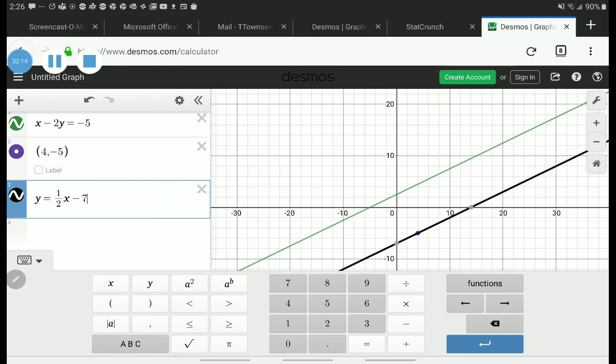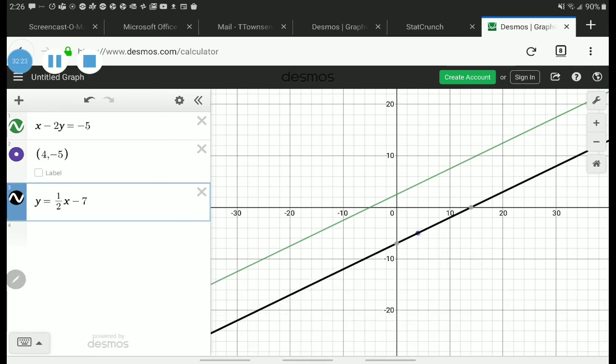So you can see how it's meeting that criteria. That black line is parallel to that green line. We wanted parallel lines. We wanted to go through that point 4, -5, and we are going through that point.